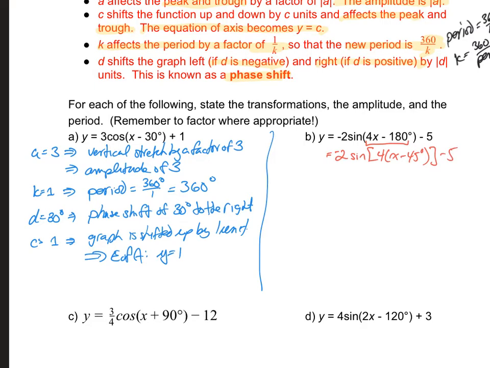And we go through the same process. A value here is -2. So here we have a few things. We have a vertical stretch by a factor of 2. This is also reflected in the x-axis.